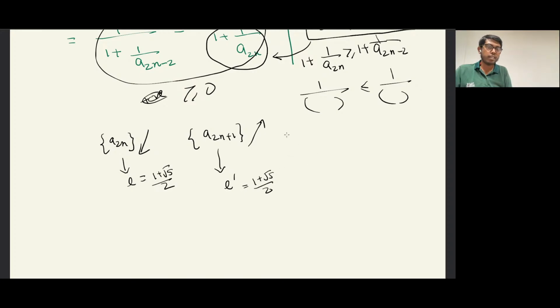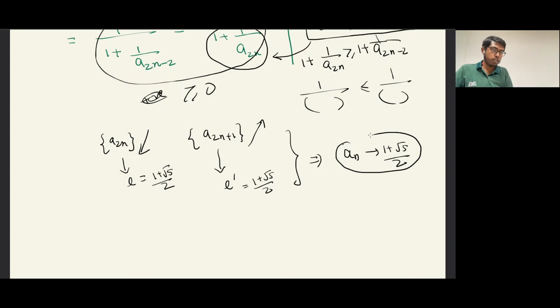And this implies that a_n will converge to 1 plus root 5 by 2, because we have proved that the even sequence and the odd sequence both converge to the same limit, and therefore whatever subsequence you take, it will converge to the same limit.